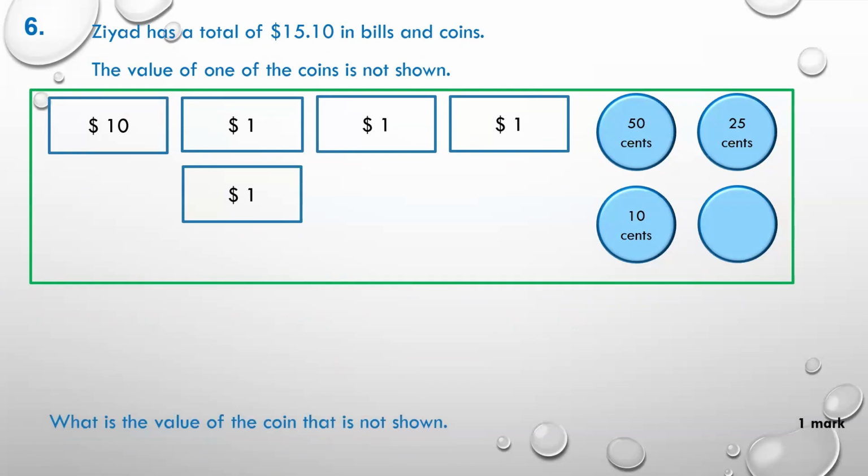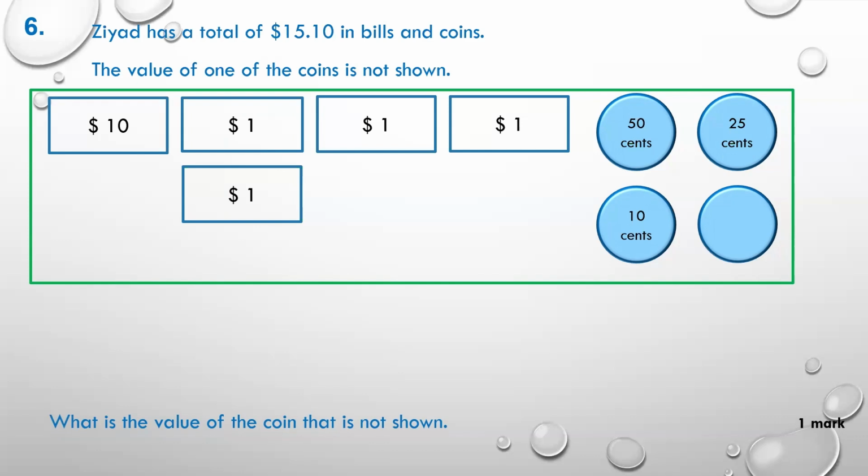What is the value of the coin that is not shown? So we can easily see how many dollar bills there are, how many cents there are. There are 3 coins shown and 1 is missing. So we know the total is $15.10.